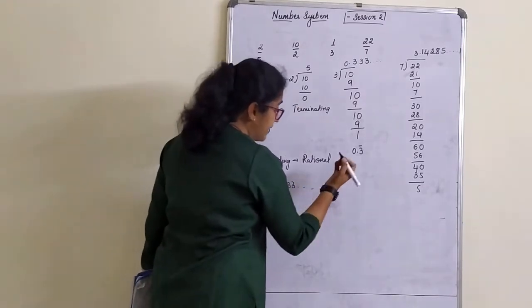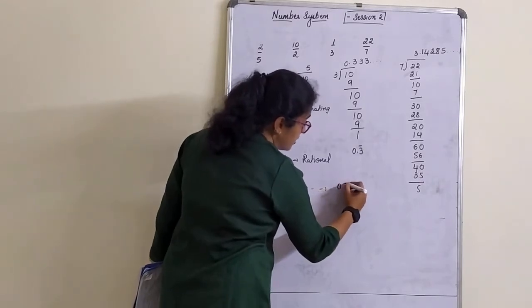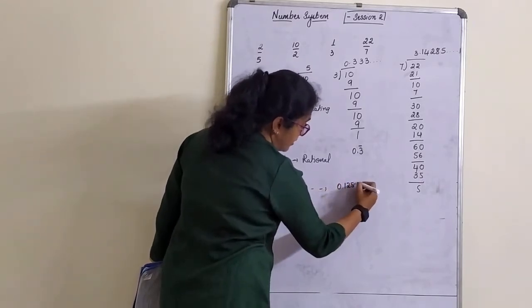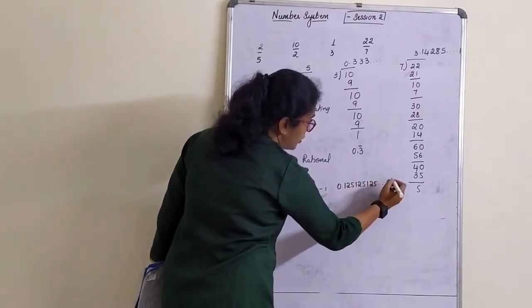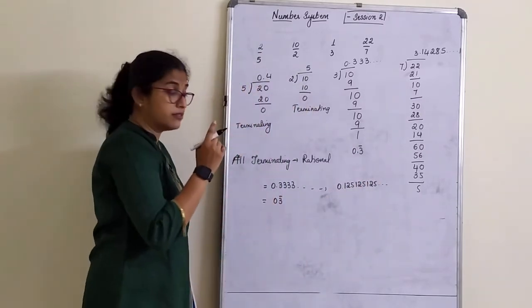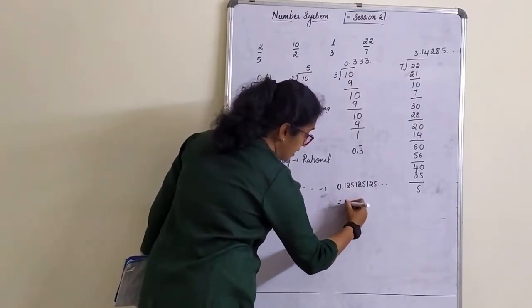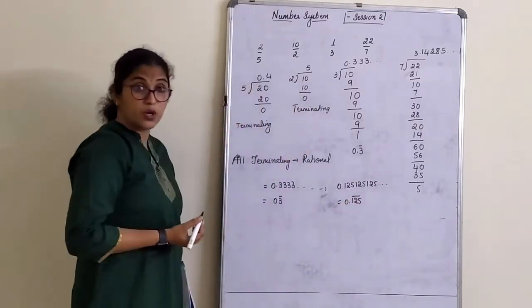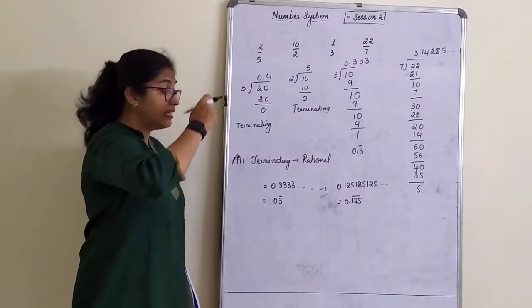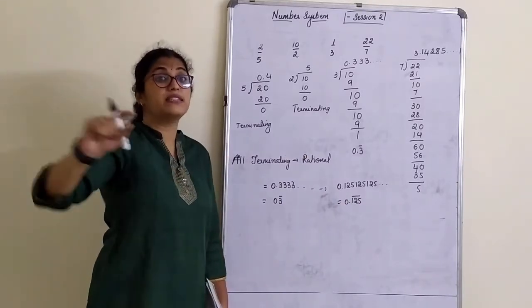Or we will get a pattern, say 0.125, 125, 125. When you go on dividing, you get this pattern. That means this can be written as 0.125 bar. That bar indicates that 125 is recurring.